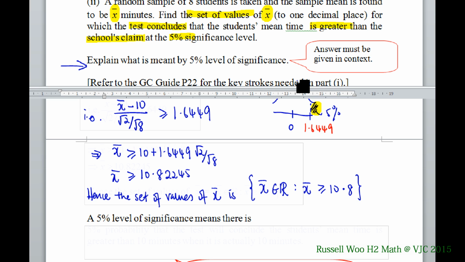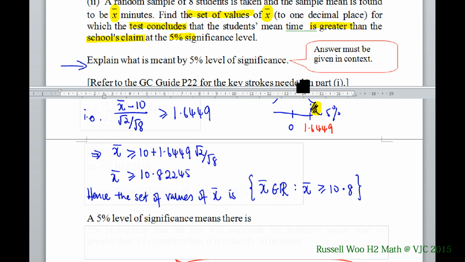You cannot just say probability of rejecting H0 when H0 is true. This is what Mr. Wu said in lecture. Sorry, they're not going to give you any marks. What's wrong with that statement? Is it mathematically wrong? It's correct, but you must explain in context.